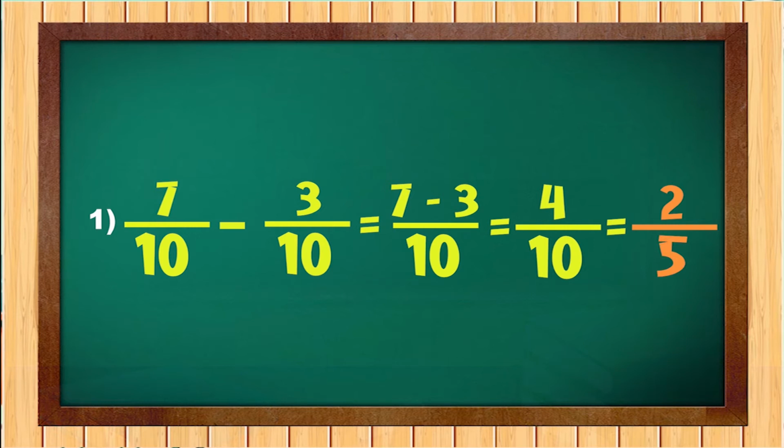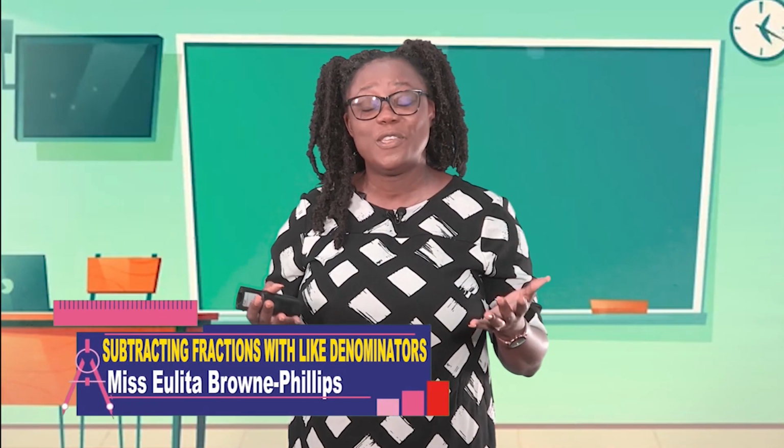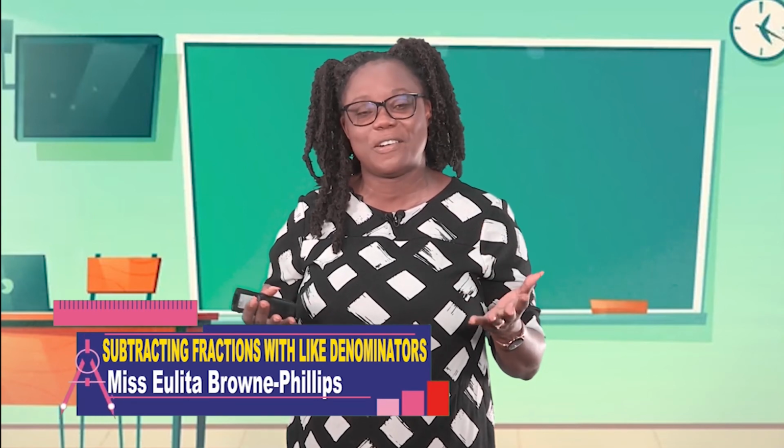So 2 into 4, 2. 2 into 10, 5. So 4/10 in its simplest form is 2/5. Do you have that? If you do, put a big tick for me, boys and girls. If I were close to you, boys and girls, you would have gotten a big sticker from me. Next one.